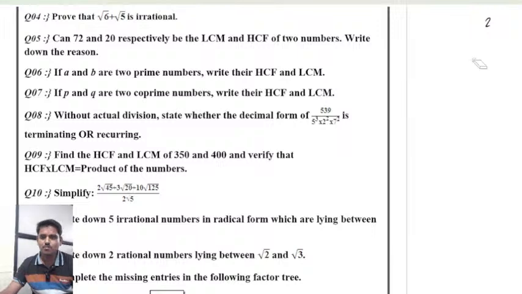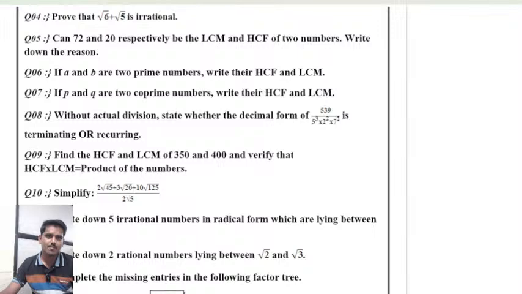How can we write 45? Anyone can comment. See, 2 root 45 plus 3 root 20 plus 10 root 125 divided by 2 root 5 equals, we can write 45 as 9 fives are 45, and then take the square root of 9.